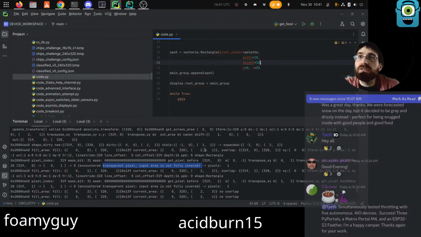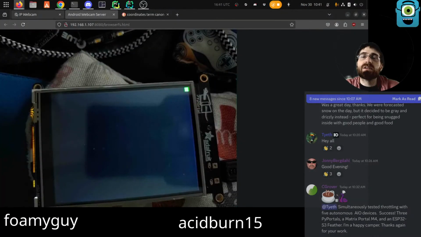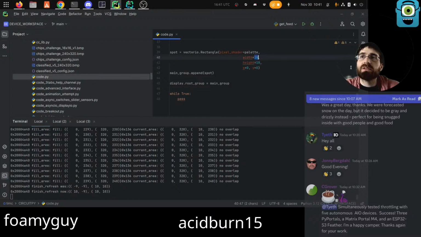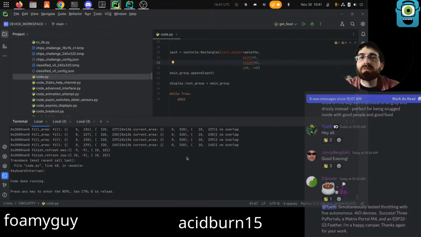Will this draw anything? Does eventually draw something. But 2-2 didn't do it? Maybe I needed to do height instead of width, probably.